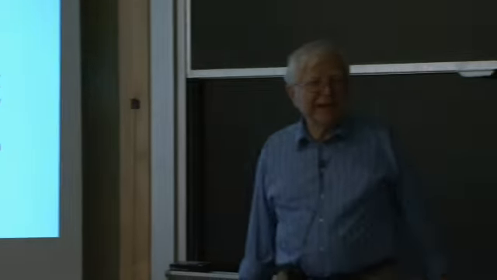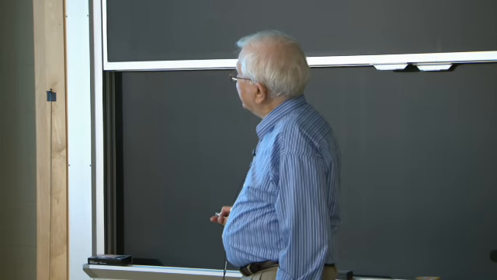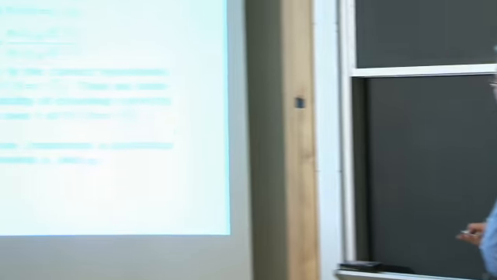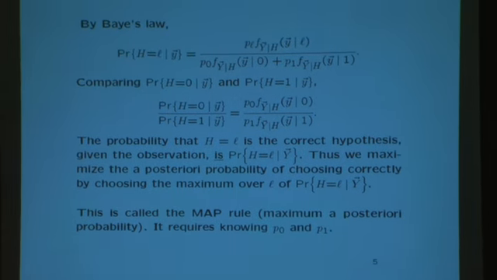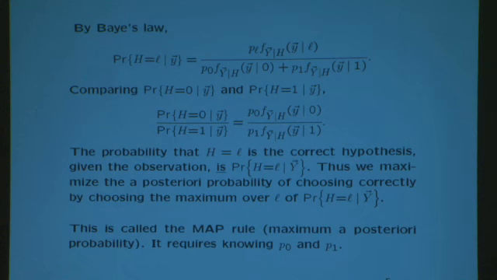We don't have to do any calculation for them. Well, you might have to do a great deal of calculation to calculate this and to calculate this, but otherwise the whole thing is just sitting there for you. So what do you do if you want to minimize the probability of error? This is the probability that you're going to make an error if you choose 1.